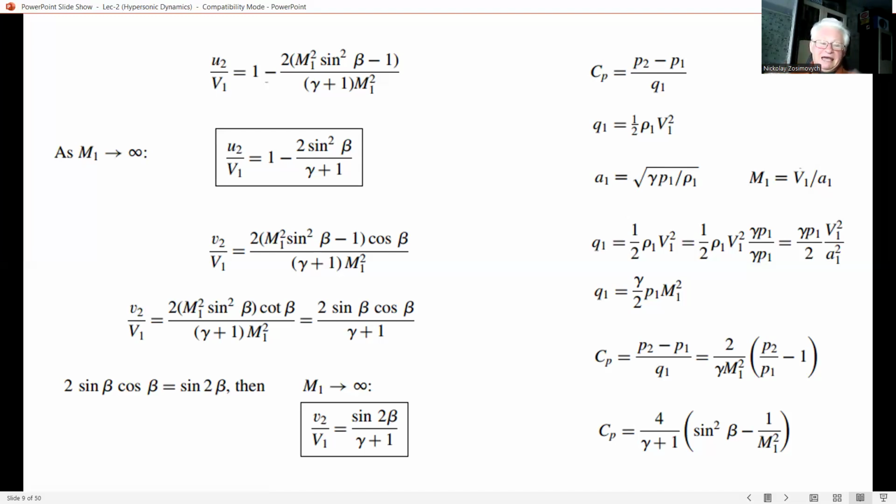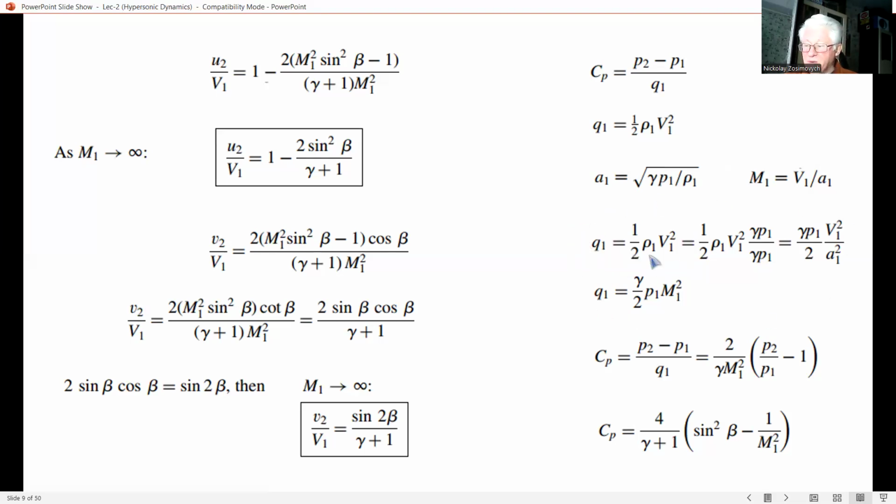And this is easily accomplished by recalling that the speed of sound, a1, equals the square root of gamma P1 over rho 1, and that the Mach number M1 is V1 over a1. And hence we can get this expression for q1.